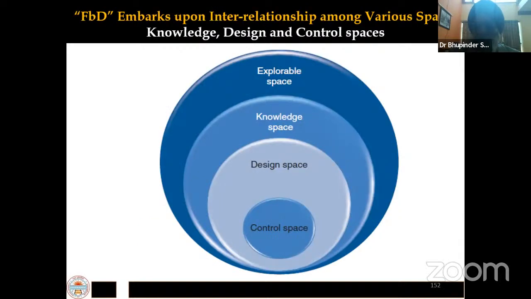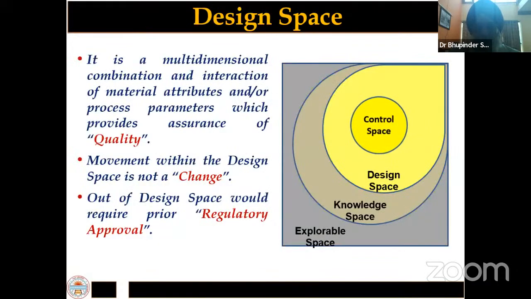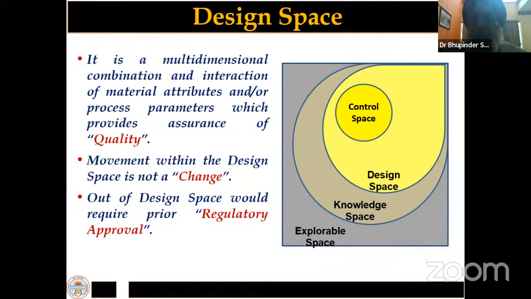So there is explorable space. Then within that explorable space, you have to embark on knowledge space, and then design space, and then control space. A knowledge space is like the region of operability, and design space is the region of interest. So within the design space, you can carve your own control space to remain within.